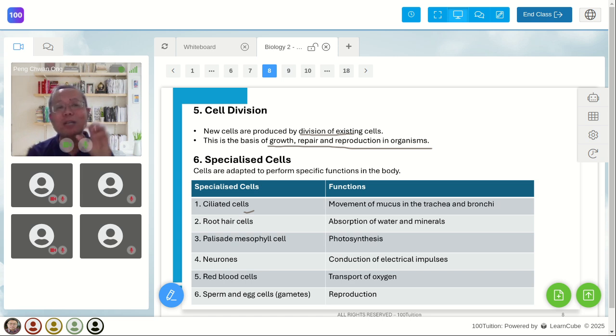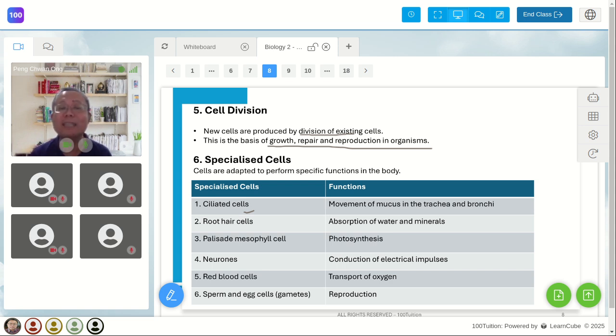The mucus will trap pathogens, or germs, or even fine particles from our airways, and move it, whether we spit it out or it goes into the stomach, right? And the stomach, because it's very acidic, the acid will kill off the pathogens or the bacteria.